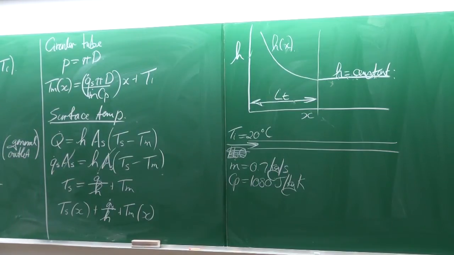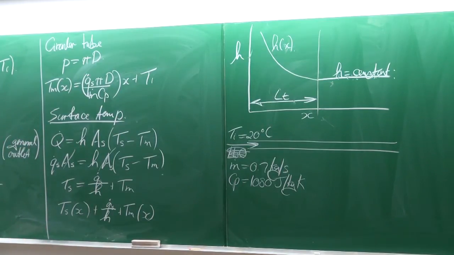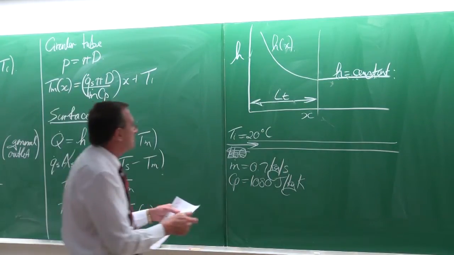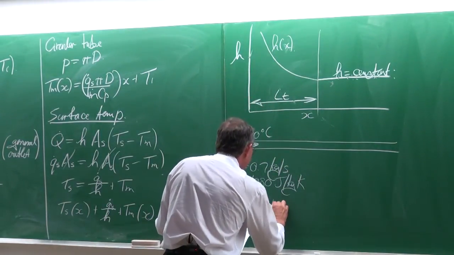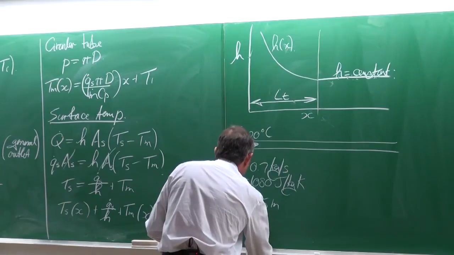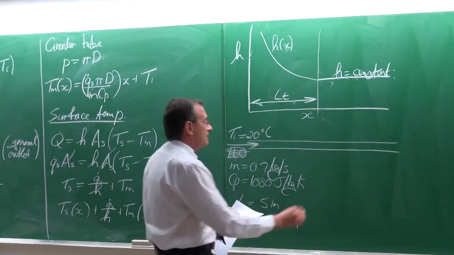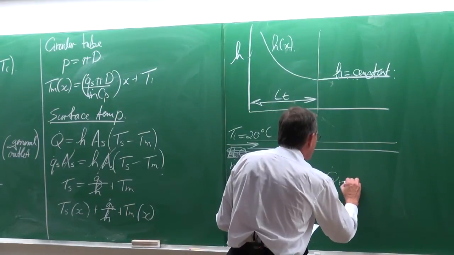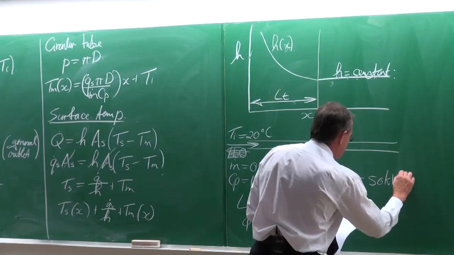So there's the mass flow rate, 0.7 kilograms per second, and the Cp of about 1080. So that would typically be about a gas, something like air. And the length of the tube is 5 meters. The tube diameter is 10 millimeters. And it is exposed to radiation of 50 kilowatts.